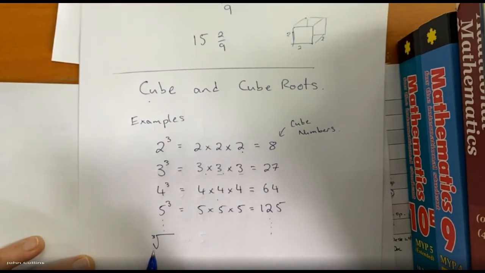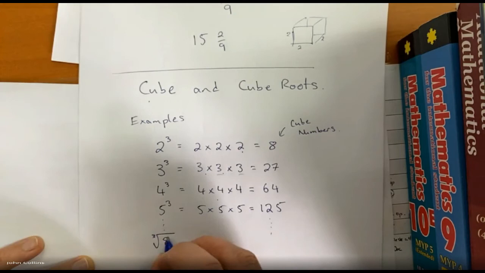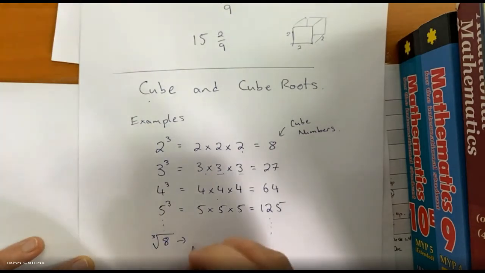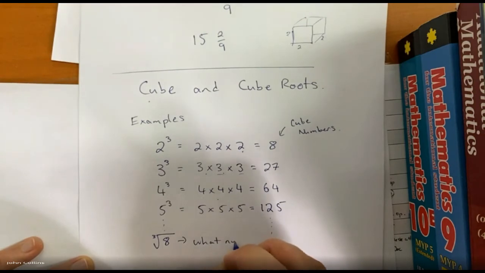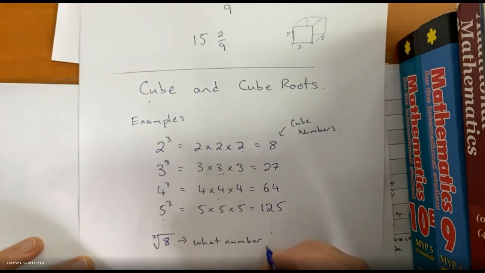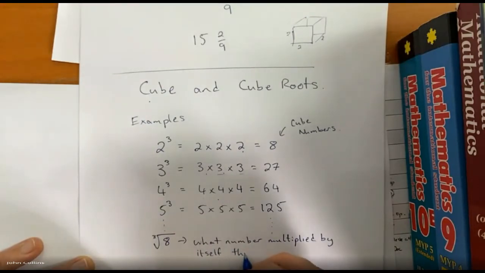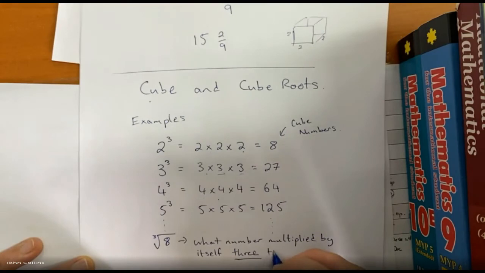So it's not square anymore. That's telling us it's a cube root. So the cube root of 8 means what number multiplied by itself 3 times gives 8.